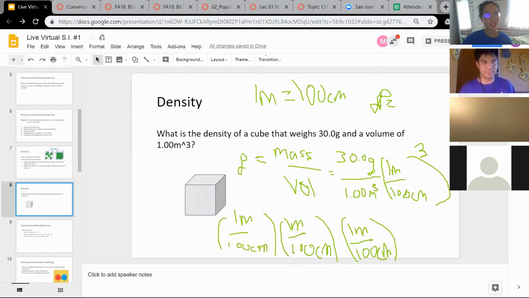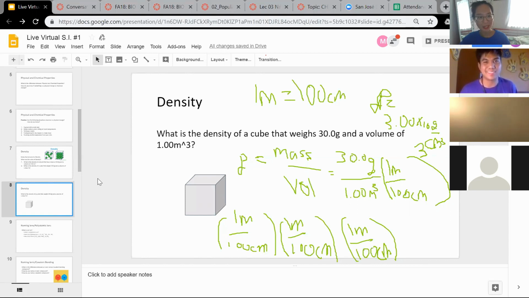So your final answer should be 3.00 times 10 to the negative 5 grams per centimeter cubed.